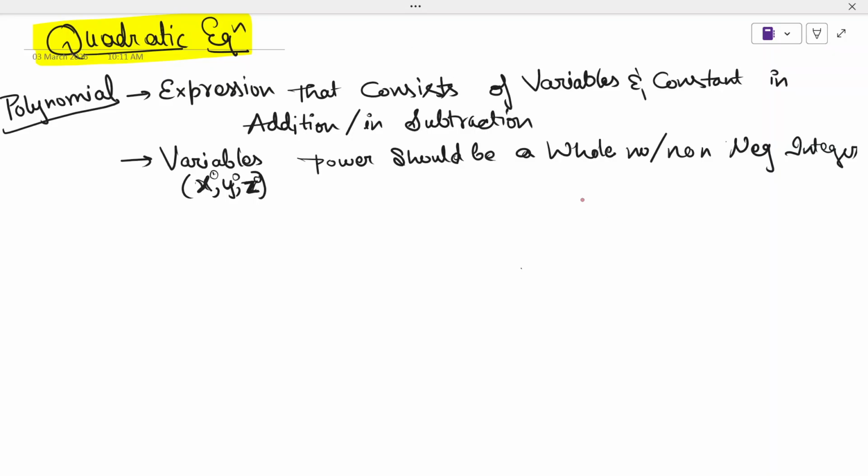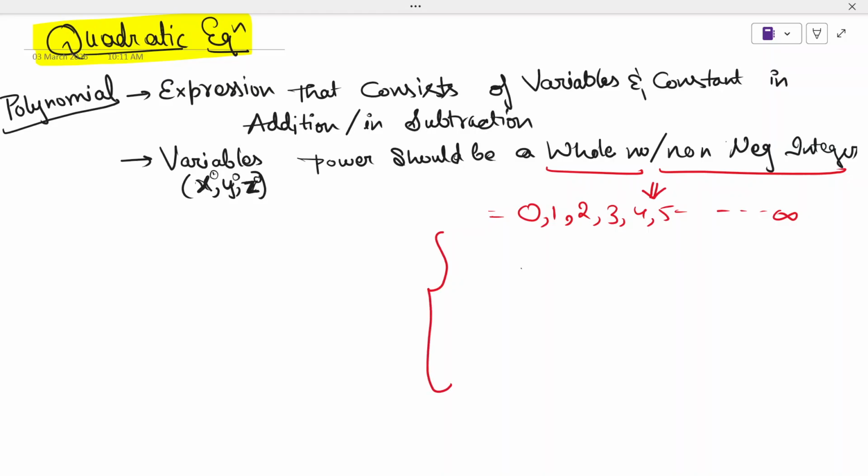Let me tell you what a whole number is. Whole numbers and non-negative integers are the same thing: 0, 1, 2, 3, 4, 5, up to infinity. These are whole numbers. Fractional numbers, negative numbers and decimal numbers are not whole numbers.